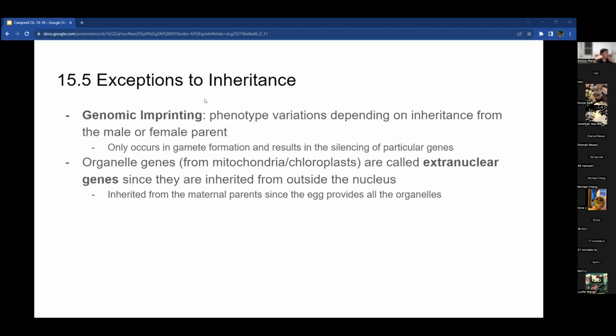Exceptions to inheritance. Genomic imprinting. This is actually quite cool. The way you live your life will affect your offspring, I think, because how your life will change how your DNA is organized, and the organization of DNA, like methylation.